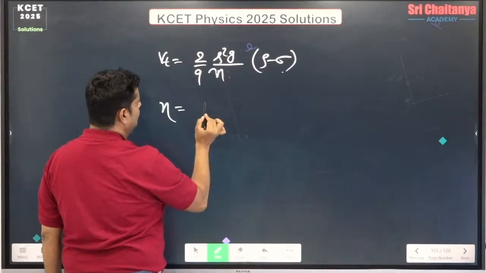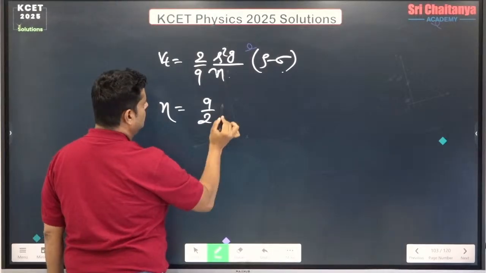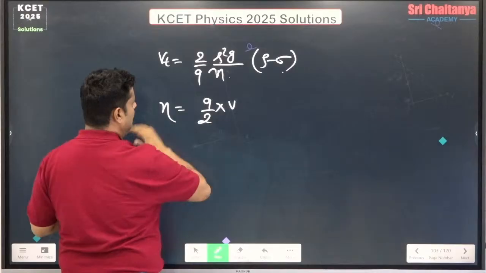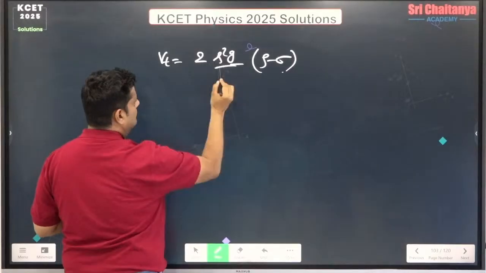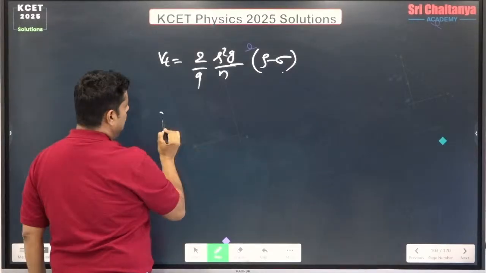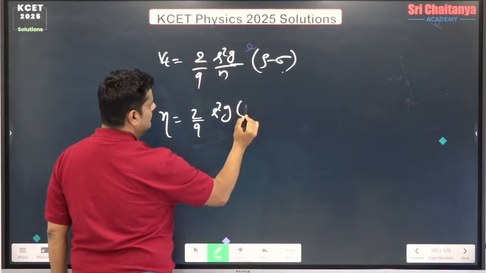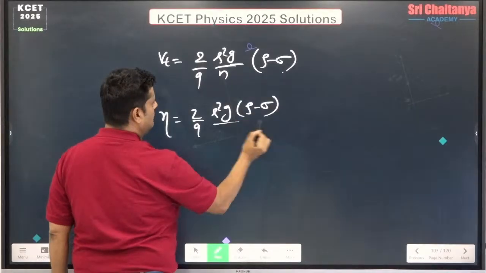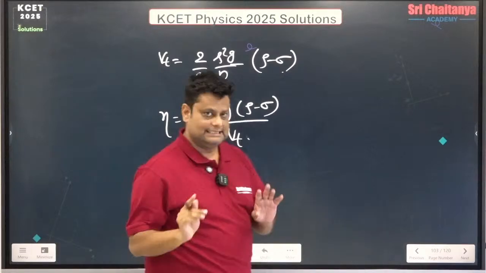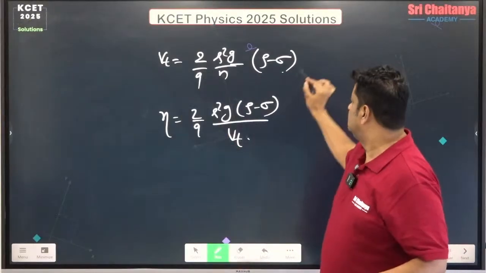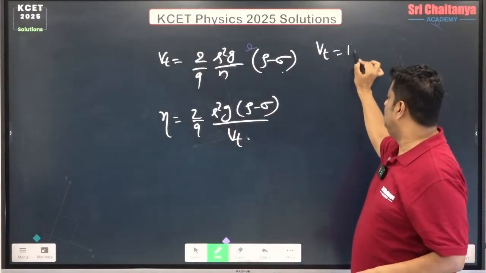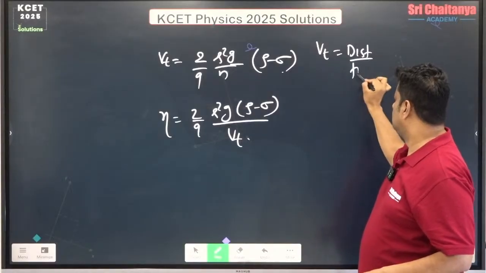So eta will be 2 by 9 R square g rho minus sigma upon terminal velocity. In this complete question, the only thing we have to know is the terminal velocity. It will be distance upon time.